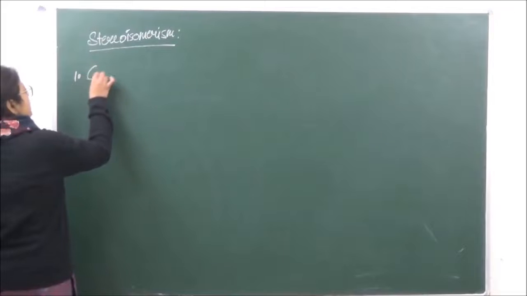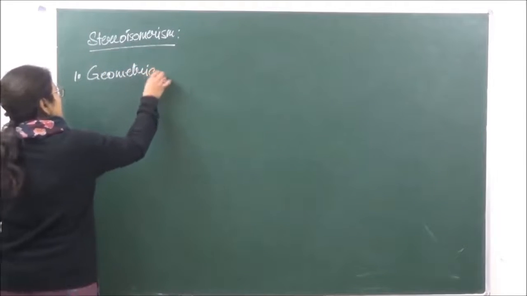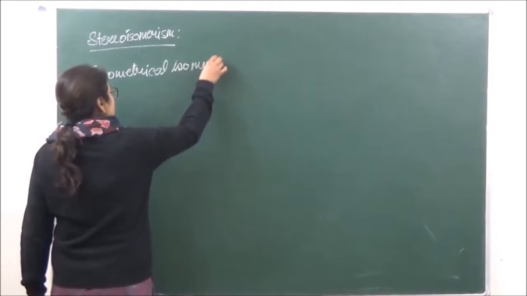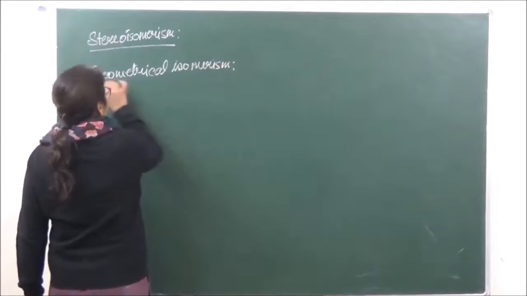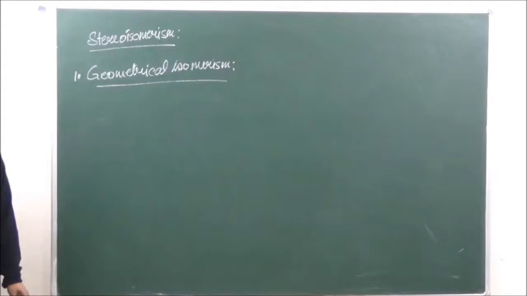The first one is geometrical isomerism. Now what is geometrical isomerism?